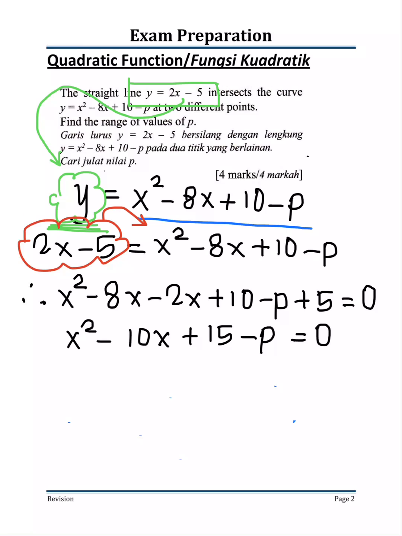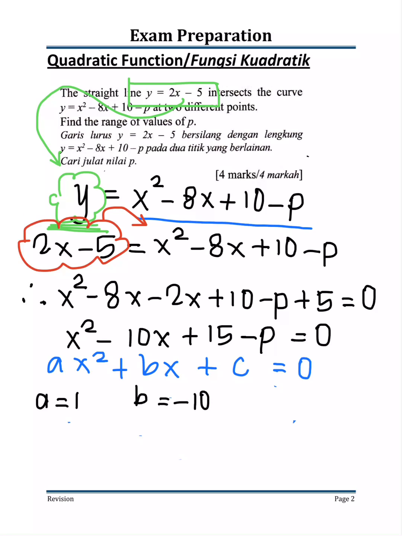Bring back the quadratic equation standard form atau bentuk ax kuasa 2 tambah bx tambah c sama dengan kosong. You will get a in this question is 1, b which is negative 10 and c which is 15 minus p.